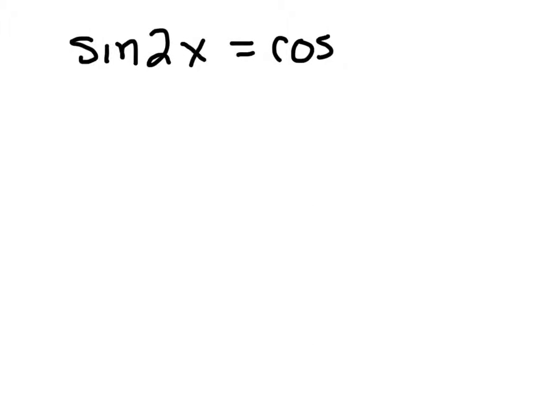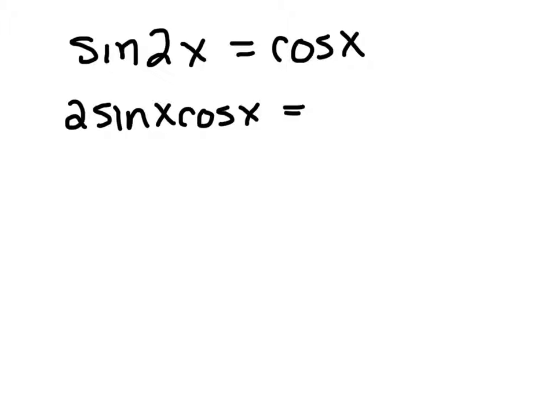There will also be problems that involve solving an equation. So let's say you had to solve this equation. When is sine of 2x equal to cosine of x? Well, let's say I used my double angle. One of my double angle identities is sine of 2x is equal to 2 sine x cosine x.